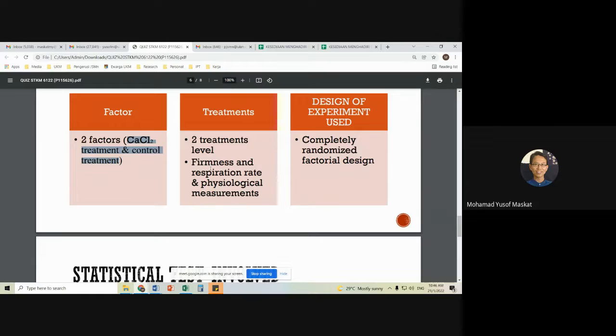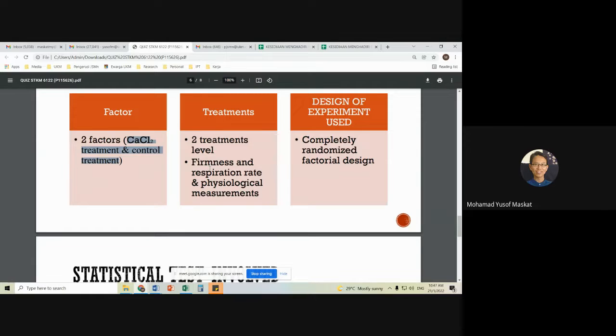If it is very specific, for example, if you have different concentrations of calcium chloride, then you say it is a concentration of calcium chloride. But in this case, you only have two: one is calcium chloride, the other is no calcium chloride. So you can make a general category and name it treatment.